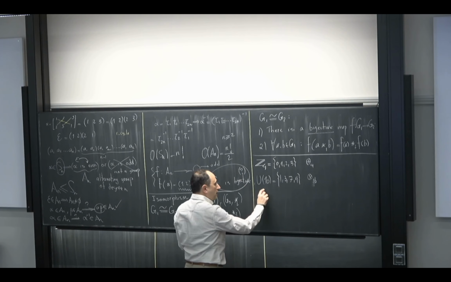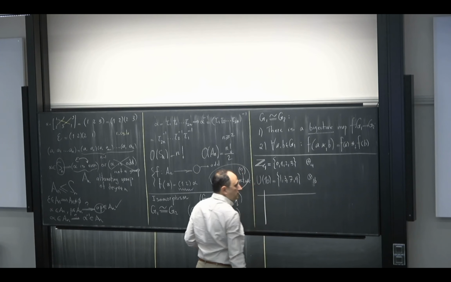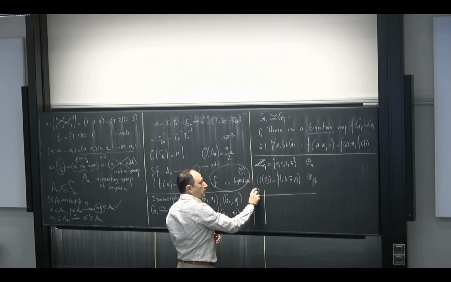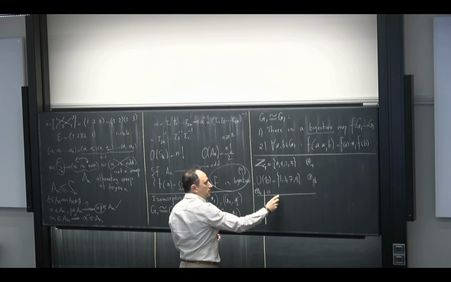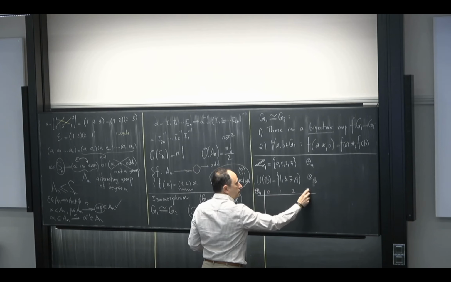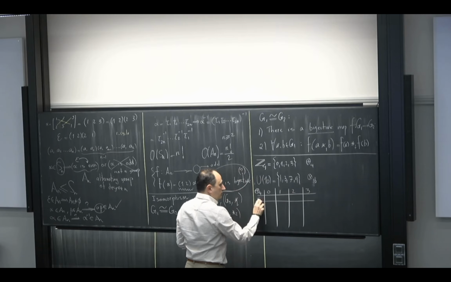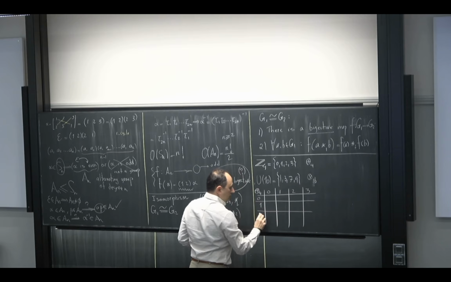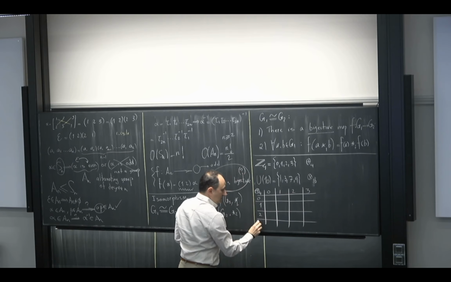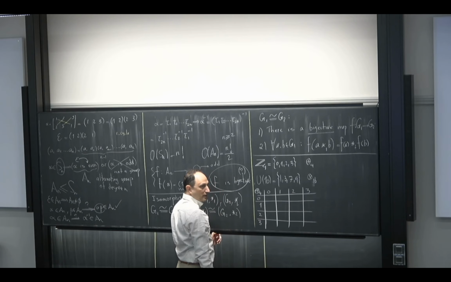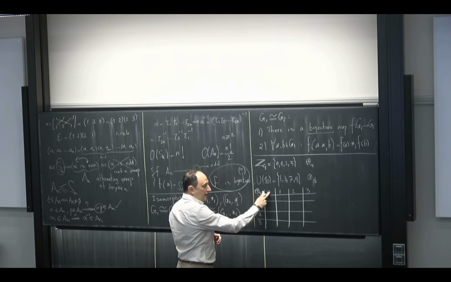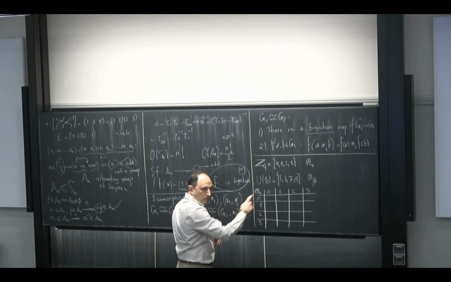So if you don't mind, let me draw the table of Z4, the table of the operation. You can do it, yes? 0, 1, 2, and 3, and then 0, 1, 2, and 3. It doesn't take that much time, so let us fill up this table. Every time I add and find the remainder by 4.